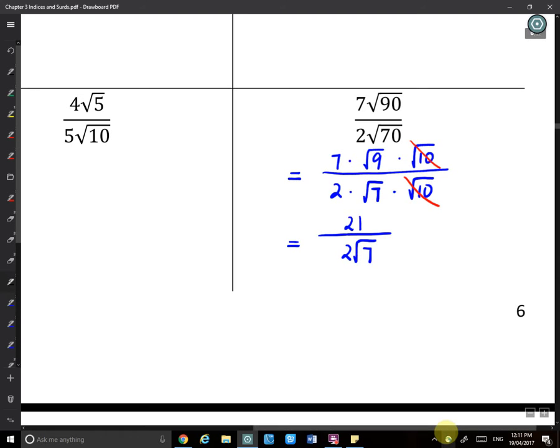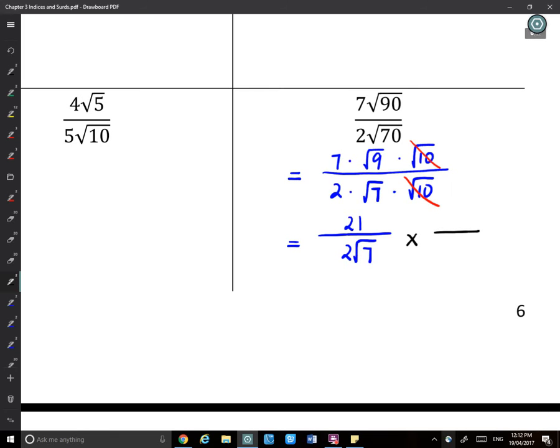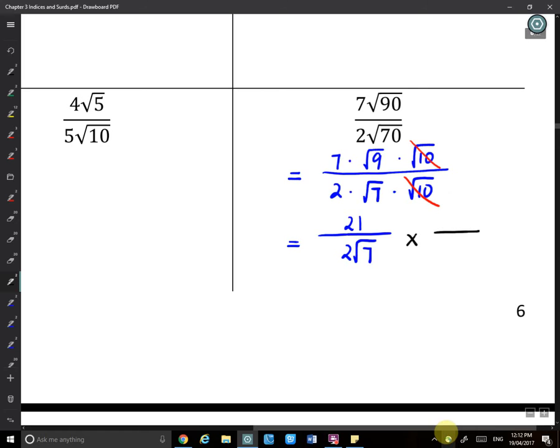Now you can multiply, because it's a single denominator. Even though it's 2 root 7, it's one term, 2 times root 7. So you only multiply by the root. You don't need to multiply by 2 root 7. Times root 7 is enough, on both top and bottom. The top gives you 21 root 7.